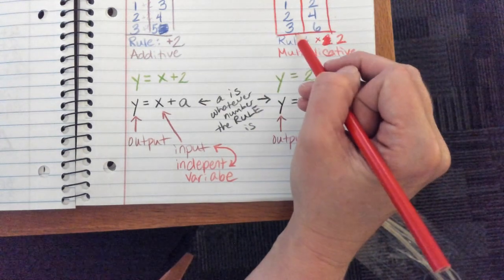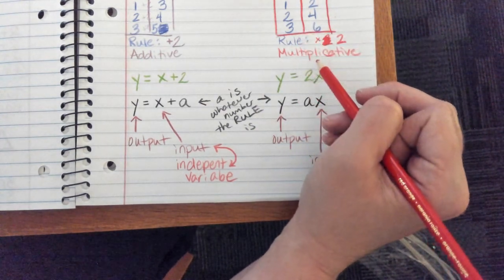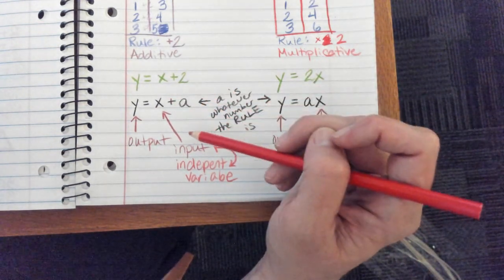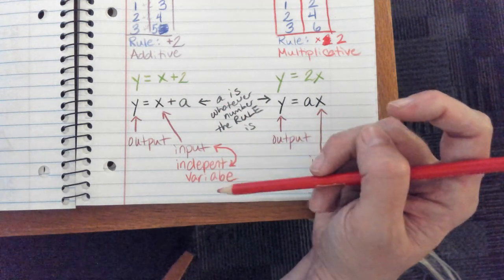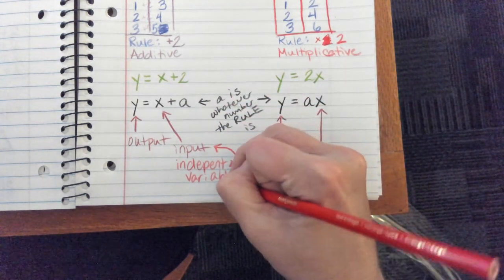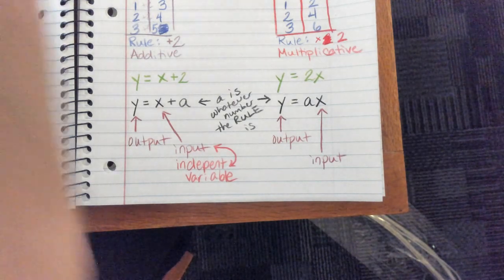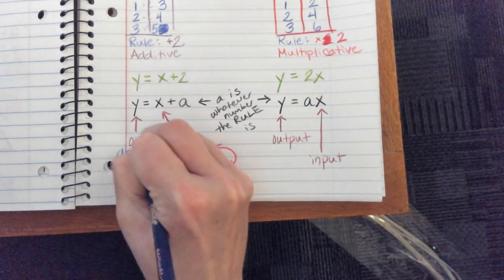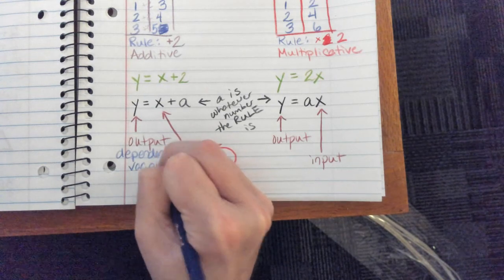Just like up here, we're multiplying, we're showing a multiplicative relationship, okay? I'm putting a number in a machine. I've got some input. I have an independent variable. The y, the output, is also called the dependent variable.